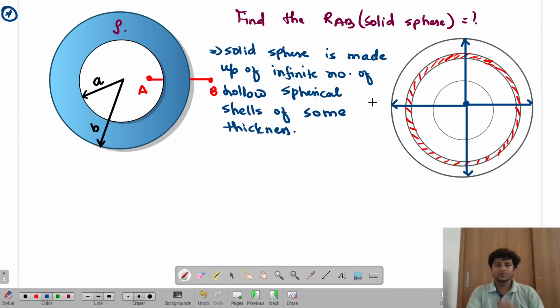And the current is always perpendicular to that hollow cell, isn't it? So area of the hollow cell is going to be considered in terms of R or not? Yes. So let's suppose I consider a hollow cell at a distance x which has some thickness dx. Is that clear?